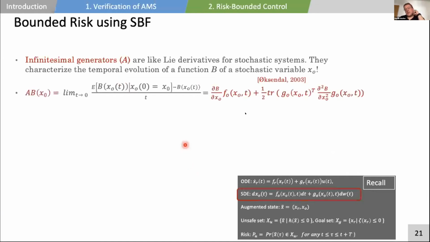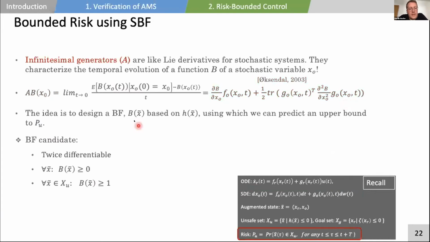And there's a very interesting result from Oksendal in 2003 that is quite involved to go over, so I didn't include it here, but you can look at this reference, and it gives us a mechanism to take this expression and make it in a way that we can compute it.